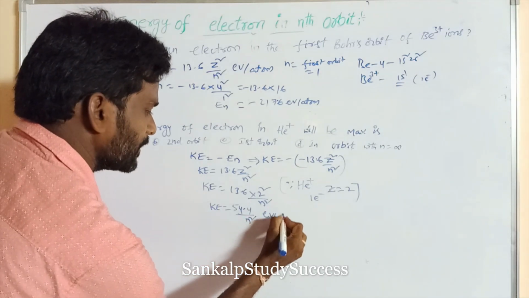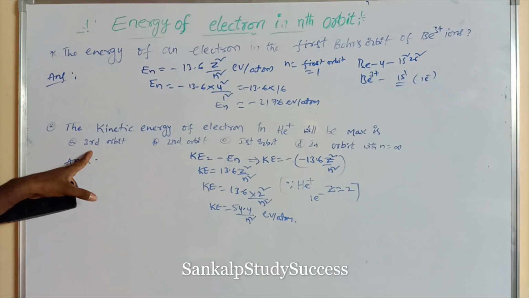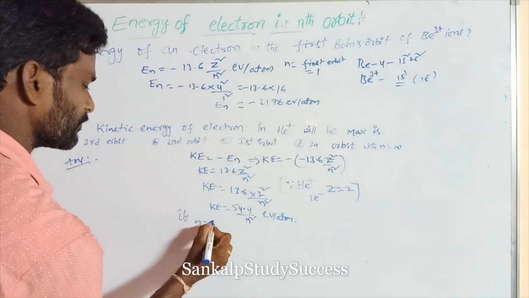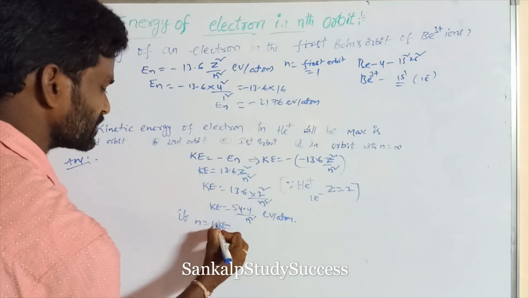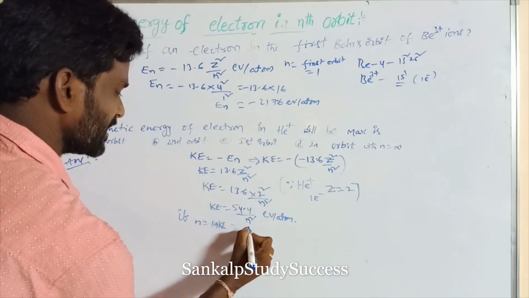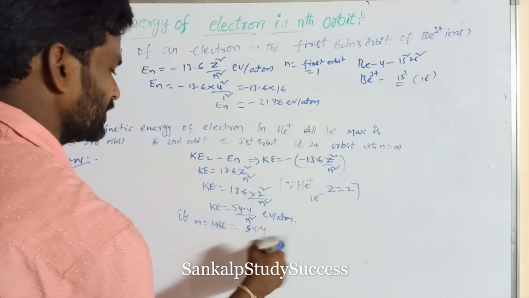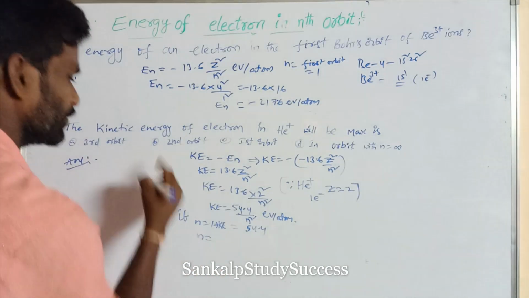electron volt per atom. If n is equal to 1, first orbit, kinetic energy Ke is equal to 54.4 by 1 square.